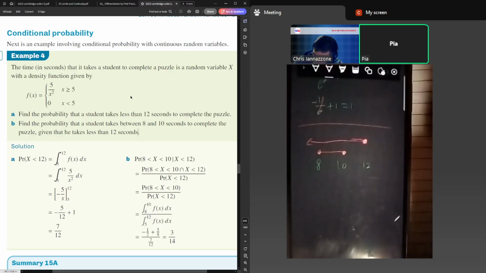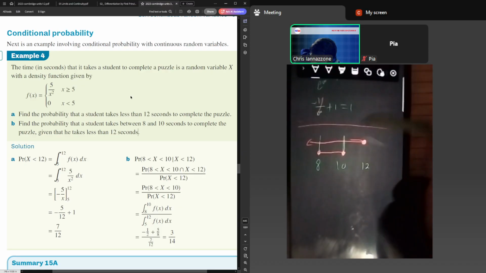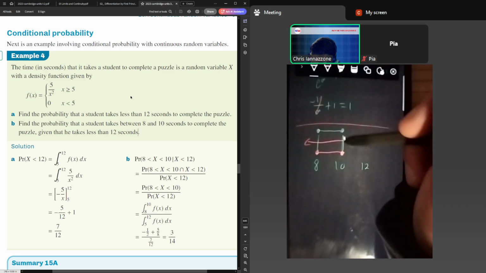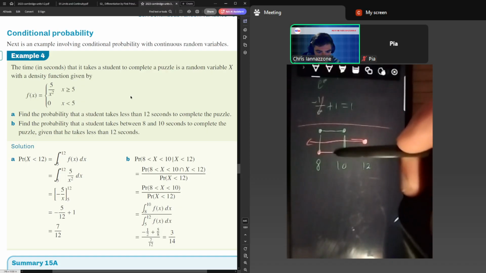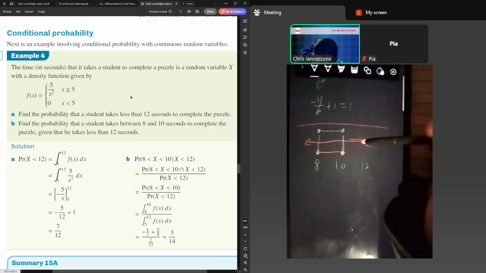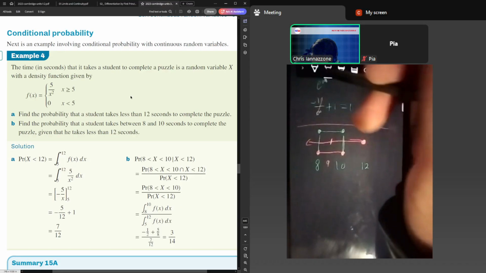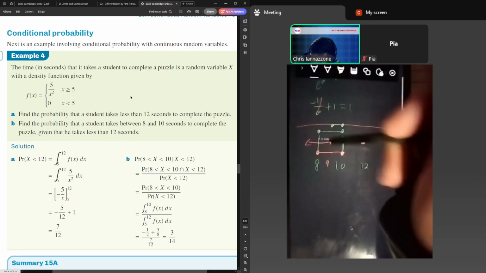Yeah. Okay. Now here's the easy bit. All you do is look at where they overlap. The final answer for the intersection of the two domains is going to simplify down to just 8 to 10. In this case, it is a perfect match. If this one had cut off earlier, let's say it cuts off at 9, then all of a sudden your intersection is now from 8 to 9 instead of 8 to 10.